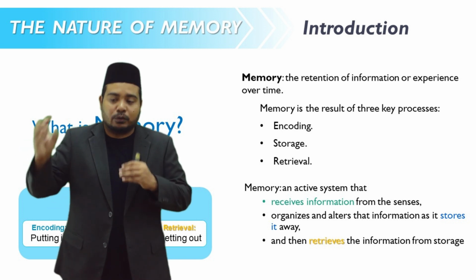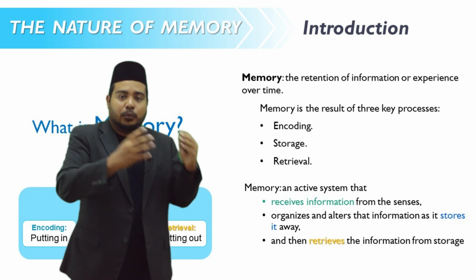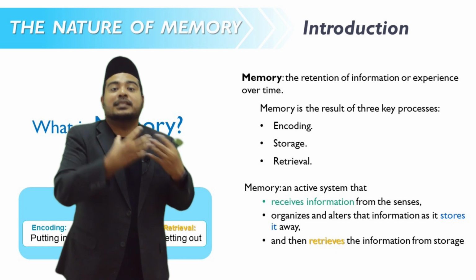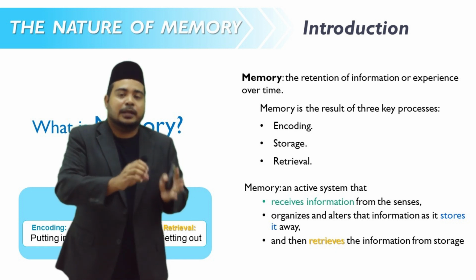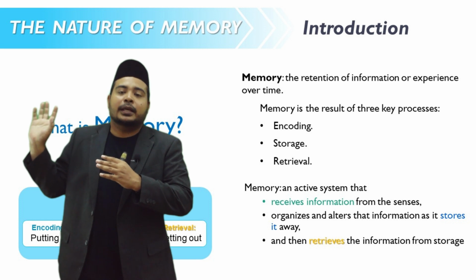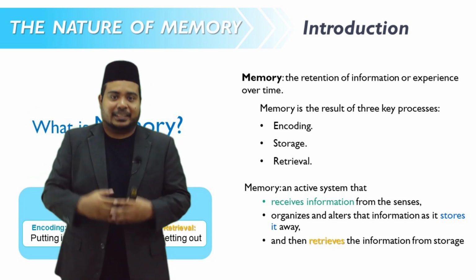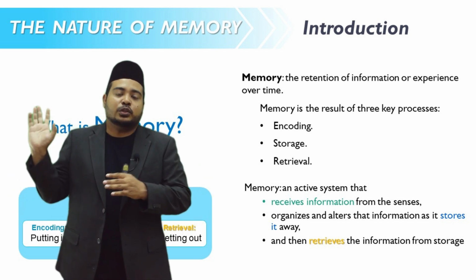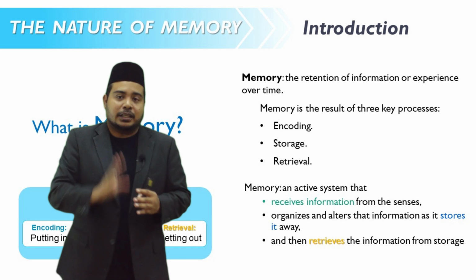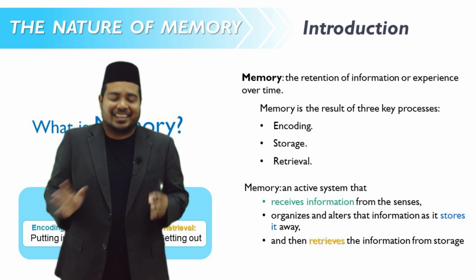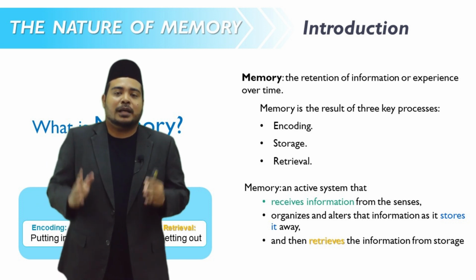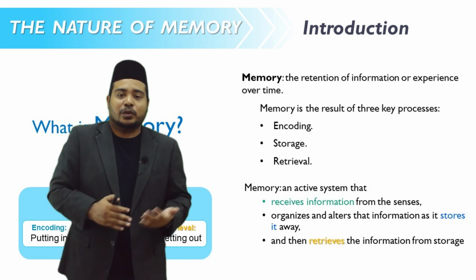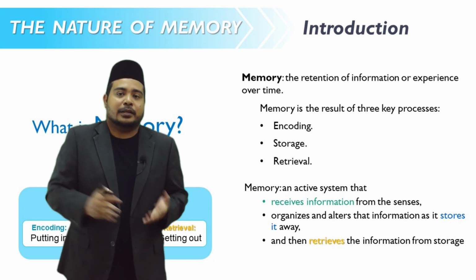So how this information is brought to our brain and processed, and we decide that we want to keep that information, and we put the information in our brain, and then when the time comes, okay, examination, test, or we want to share our experience with others, we want to retrieve it back. All of these are basically memory, okay, the system of memory that human beings use to learn, and to remember experiences, information, knowledge that they have learned or encountered prior to that.